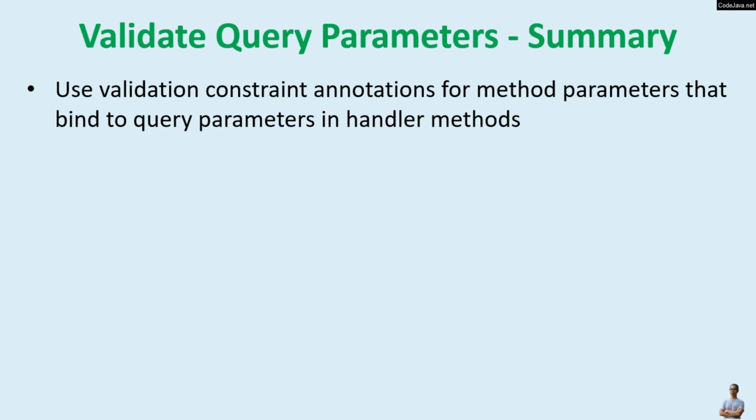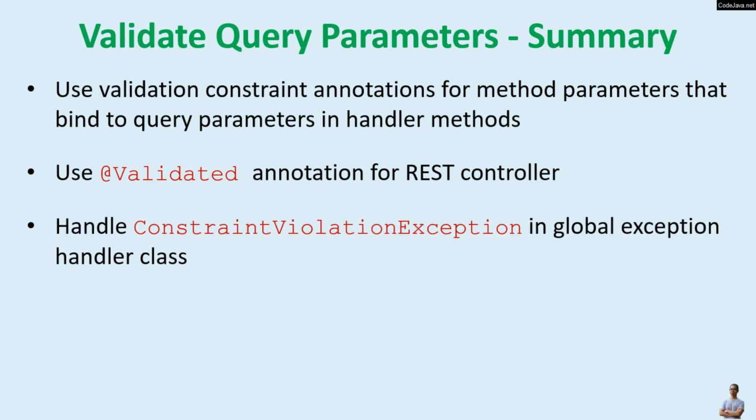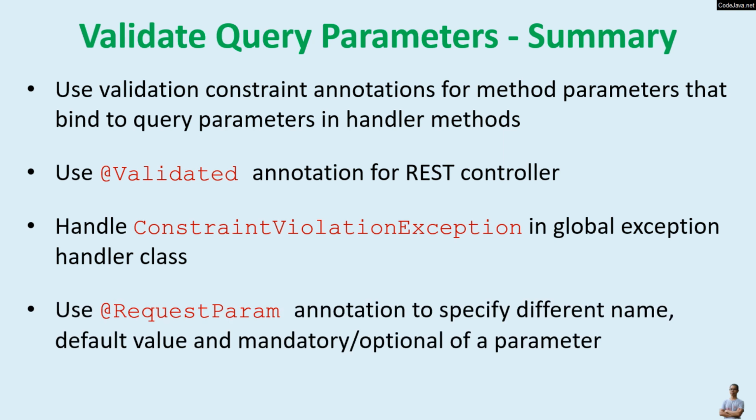We can use the validation constraint annotations for method parameters that bind to the query parameters in handler methods of the REST controller class, and use the Validated annotation for the REST controller, and handle the constraint violation exception in the global exception handler class in order to customize the error response, and use the RequestParam annotation to specify a different name, default value, and mandatory option of a parameter.